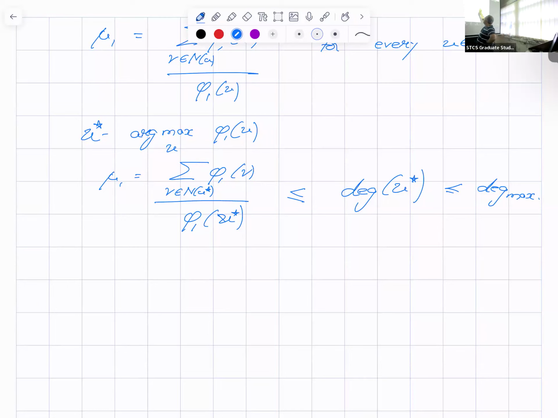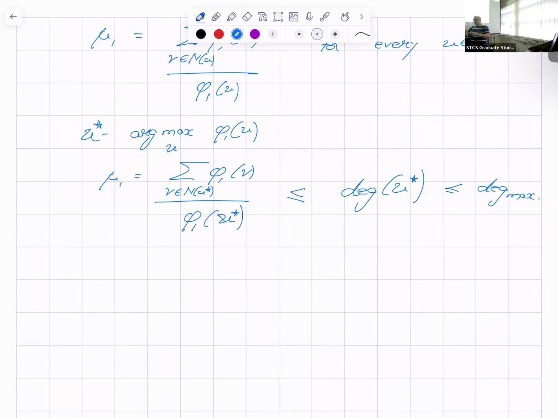Now, suppose mu1 was equal to degree max. What does that mean? That means this inequality has to be tight. What does it mean that this is tight? All the neighbors of u star also have the same value as phi1 of u star.